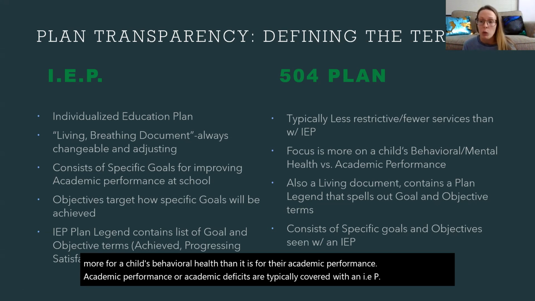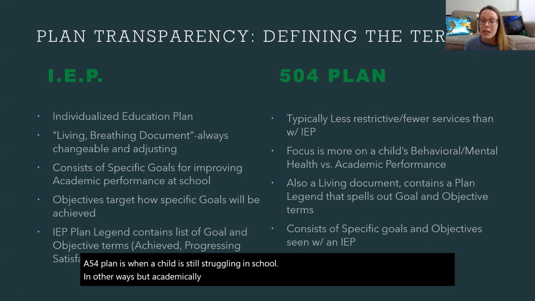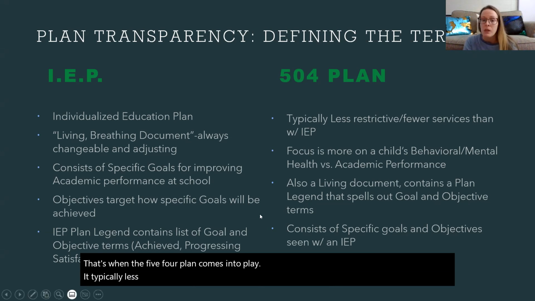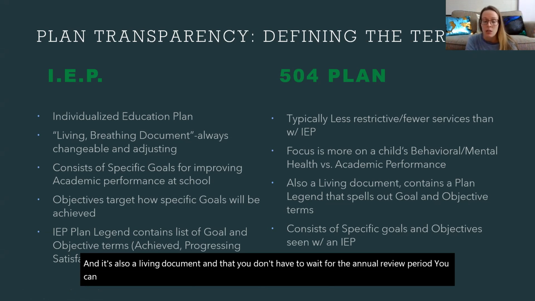A 504 plan is when a child is still struggling in school in other ways, but not academically. So we know they need assistance, but their grades are good. That's when the 504 plan comes into play. It is typically less restrictive, and it's also a living document in that you don't have to wait for the annual review period. You can make changes at any time.